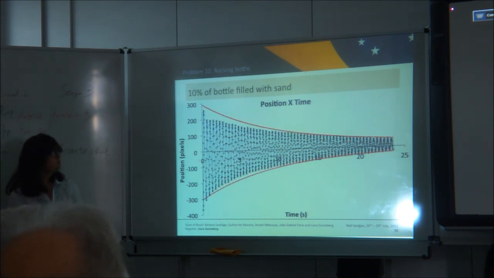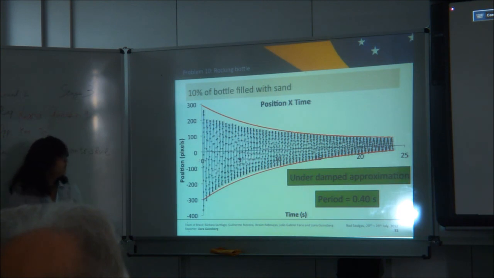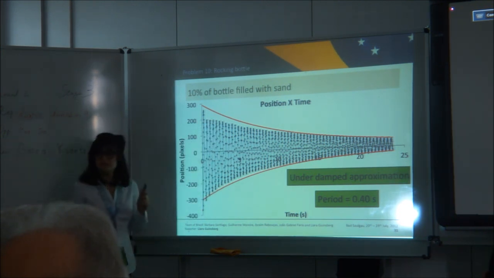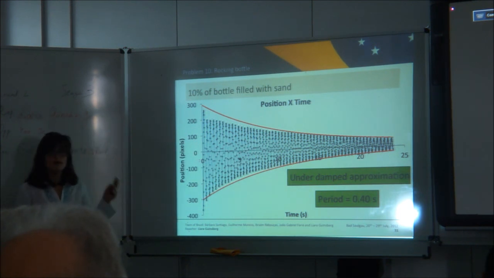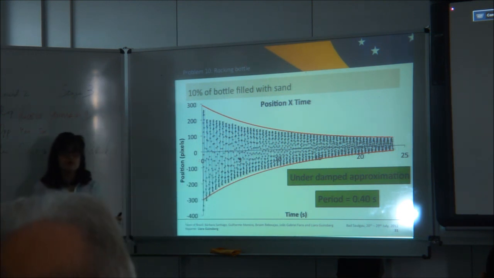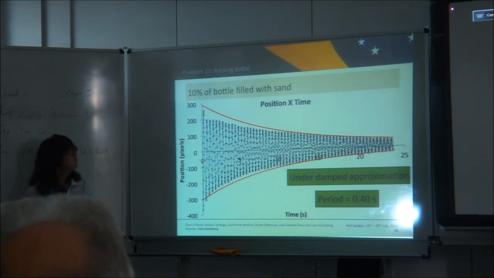Here you can see our approximation, and the period we can calculate from this is basically constant, and the deviation from the average is very, very low. So it is a good approximation to have the underdamped oscillation.